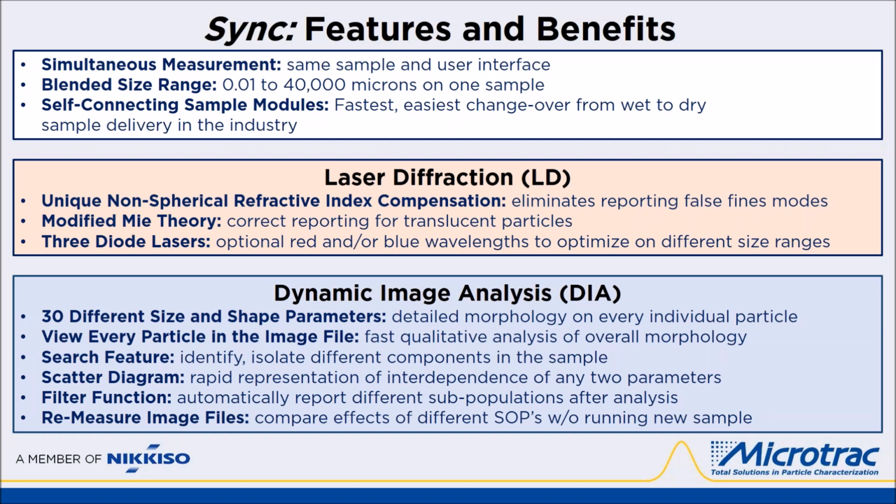A filter function for automatically reporting or filtering out different subpopulations in the sample. And the ability to remeasure image video files to compare the effects of different SOPs without running a new sample.